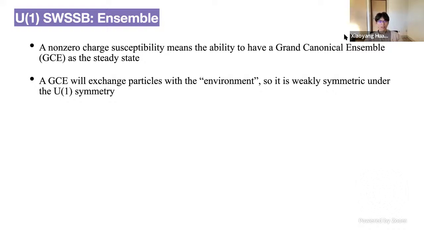So it can never be a state that is strongly symmetric, because it couples to the environment. However, it is still weakly symmetric. This fits the definition of strong-to-weak SSB: we start with an evolution that is strongly symmetric, but the steady state is not invariant under the strong symmetry, only under the weak symmetry.